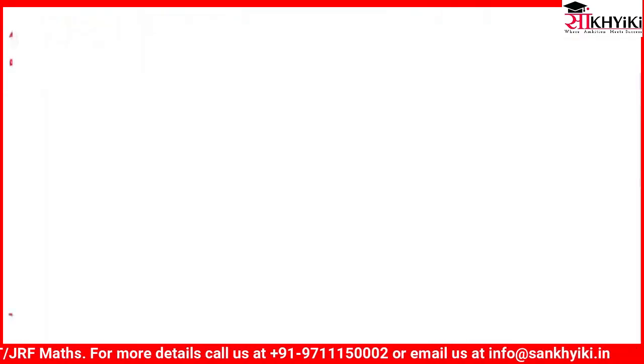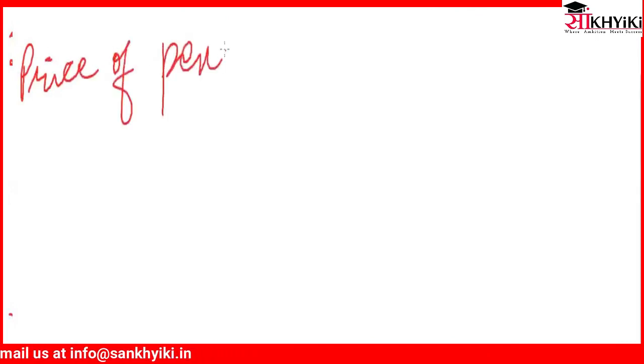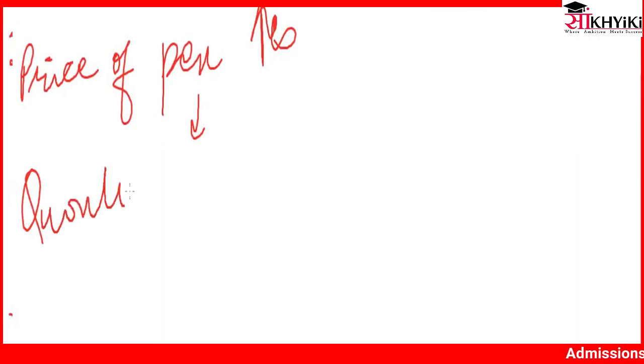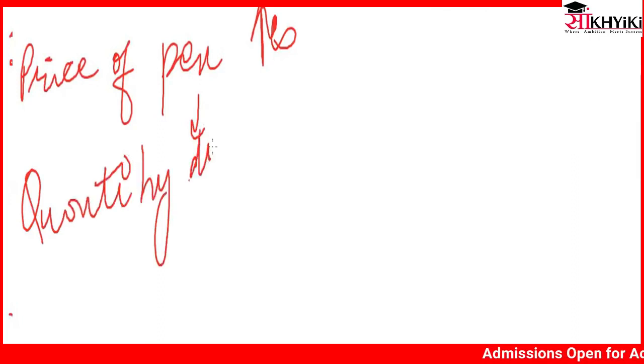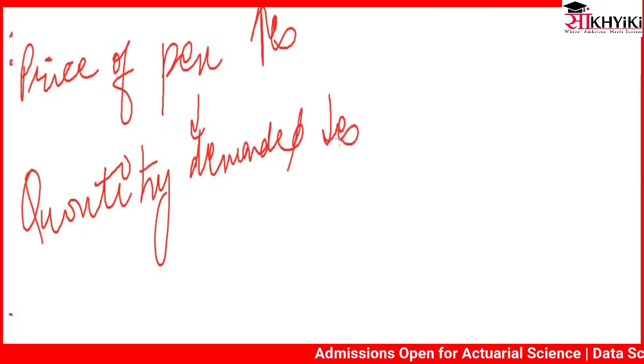Suppose now that in the case of pen and ink, the price of pen increases. If the price of pen increases, then I should reduce the quantity demanded. So the quantity demanded decreases.